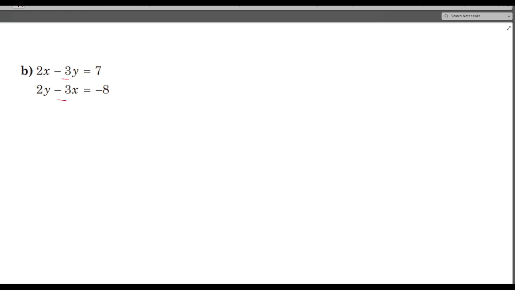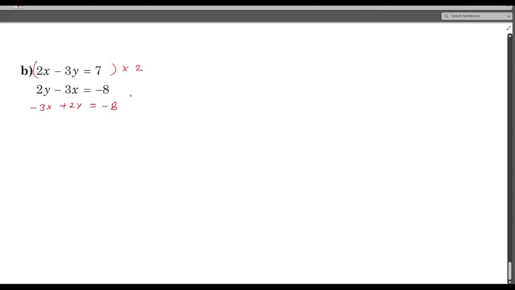The second equation I rewrite, and I will write x first, so it becomes minus 3x plus 2y is equal to minus 8, it will remain as it is. Now I want to make the coefficient same, so if I multiply this whole equation by 2 and this whole equation by 3, my coefficient of y will become same.